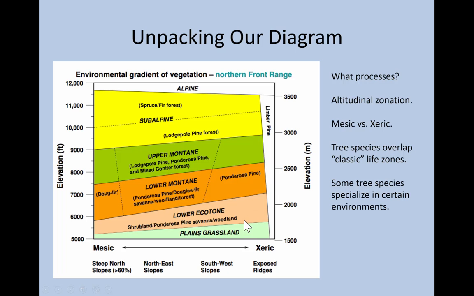Looking at, for instance, the role of altitudinal zonation, looking at the difference between mesic north-facing and xeric south-facing slopes, looking at the way that particular tree species overlap the life zone boundaries that we're trying to accommodate to the actual real-world conditions of the Northern Front Range, and looking even beyond that at how tree species get distributed even within particular life zones or ecological communities.